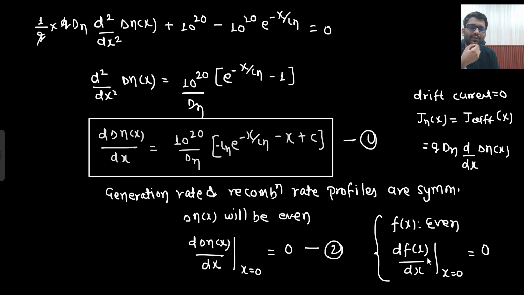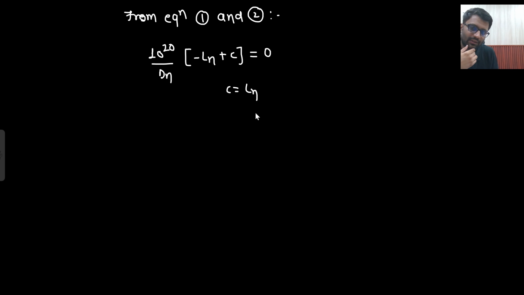If I put x equals 0 here, what am I getting? 10 to the power 20 divided by dn, minus ln plus c, should be equal to 0. So the value of c is coming out to be ln.